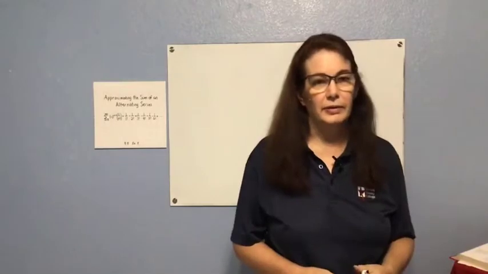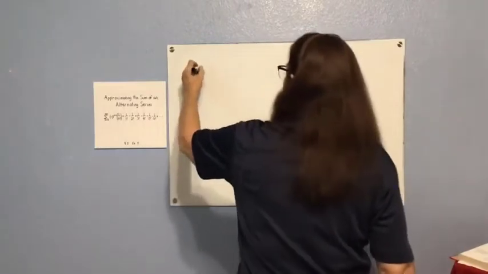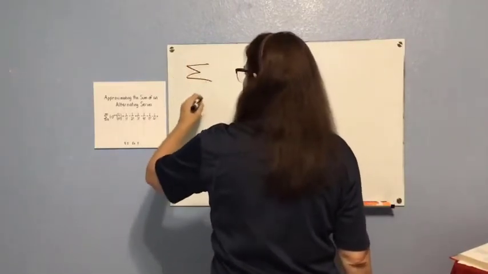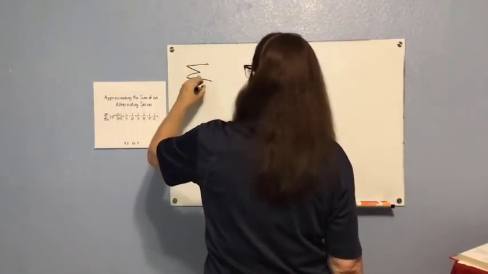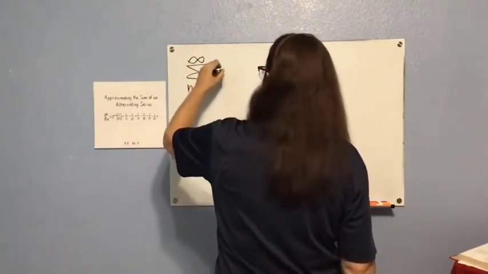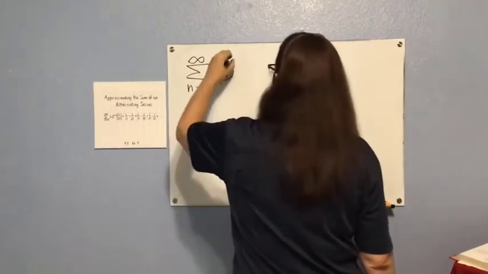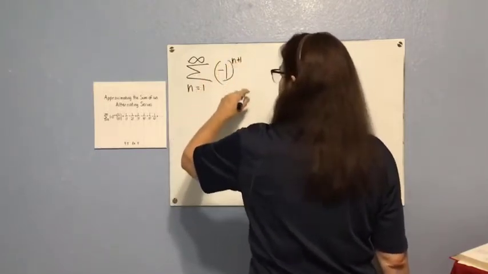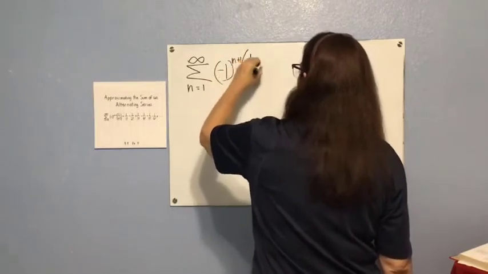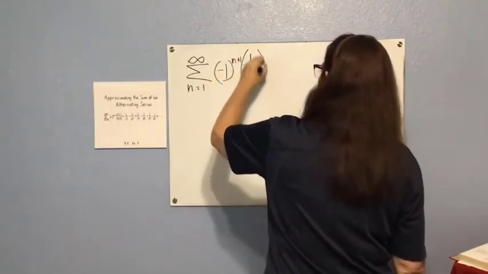Let's use this theorem to approximate the value of an alternating series. So I've got a sum from n equals 1 to infinity of negative 1 to the n plus 1 times 1 over n factorial.